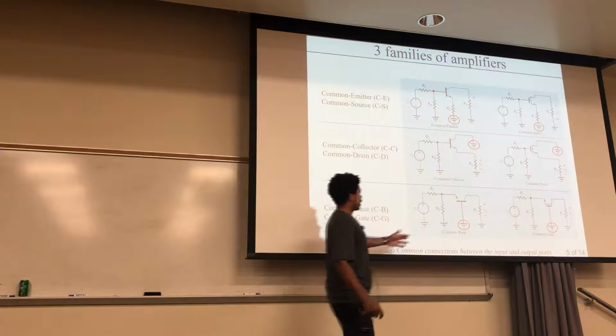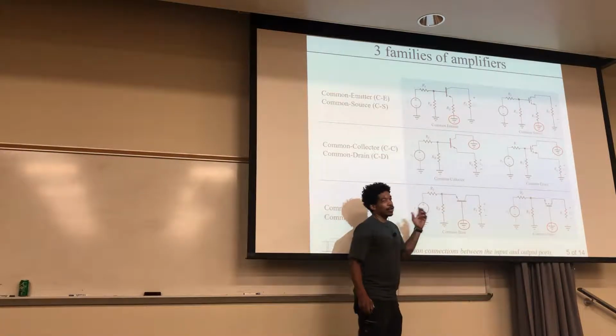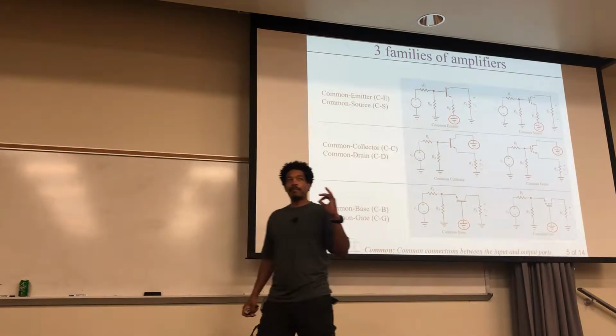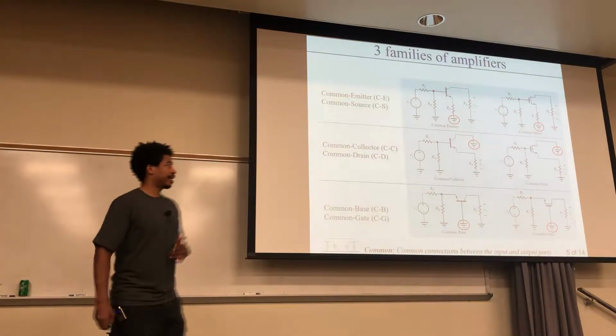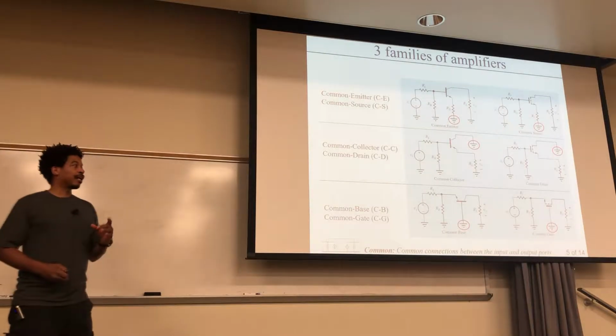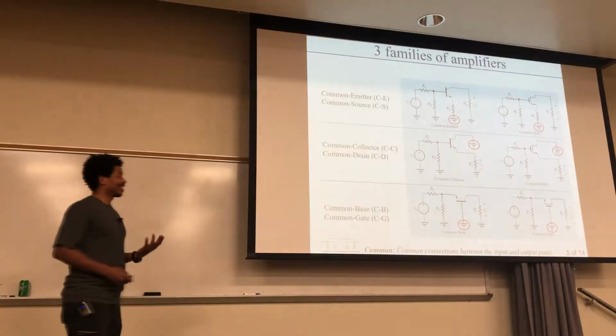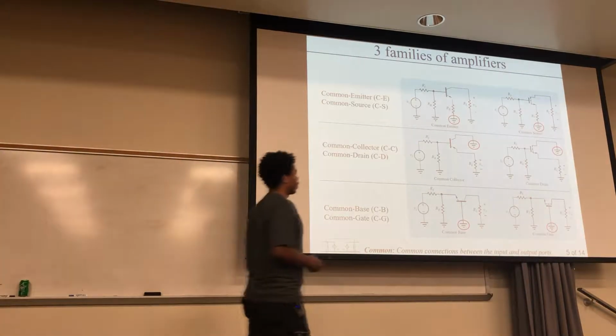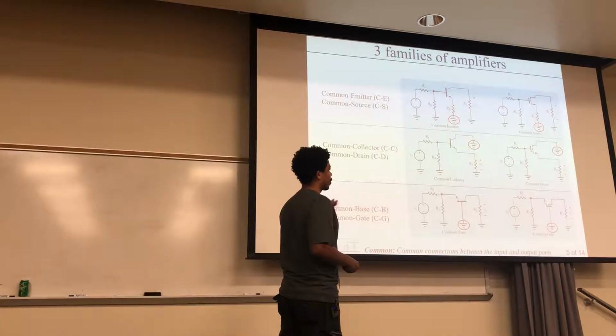And how we made these common, typically we used an AC bypass, right? For the small signal analysis, capacitors look like short circuits, so we're able to make those common grounds.